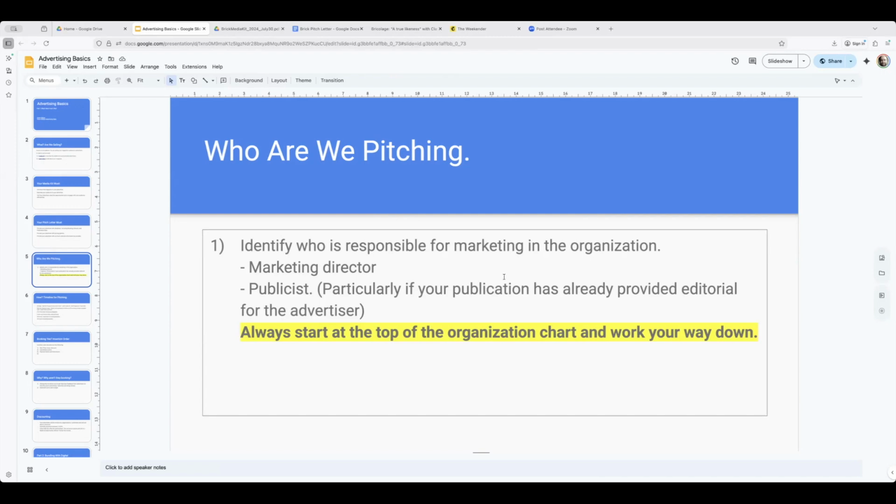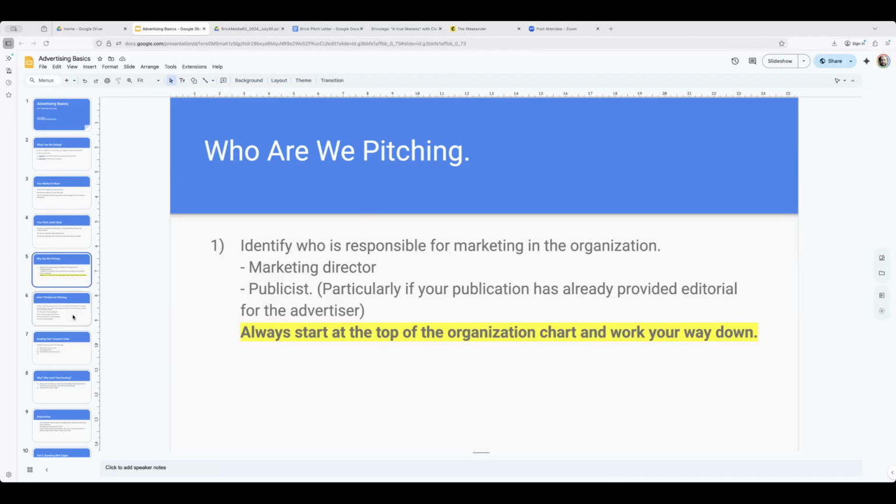But if you call the organization, and you've done your homework beforehand, and you say, hey, we're pitching this specific thing that's related to content in the magazine, audience, all those things line up, it's going to make everybody's life easier. And the more information you have going into a pitch, the better it's going to be for everybody.